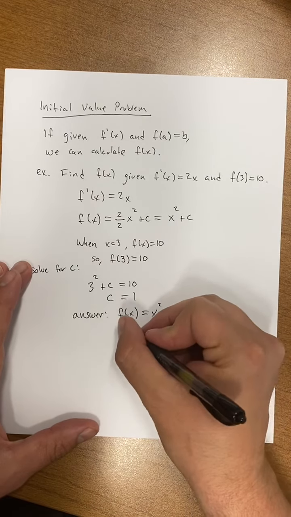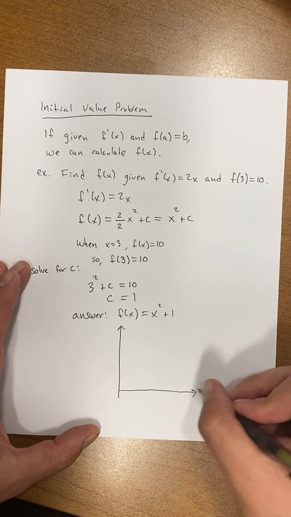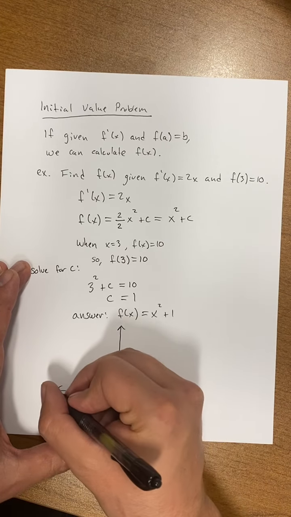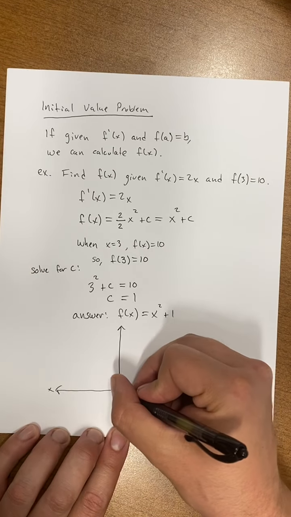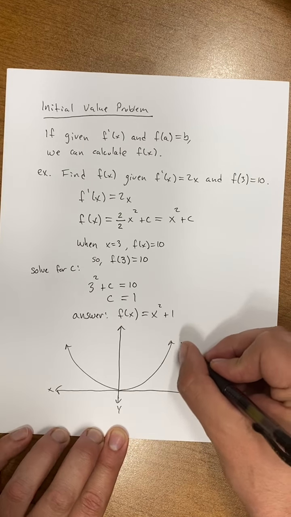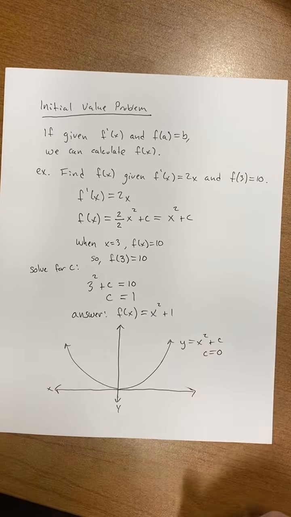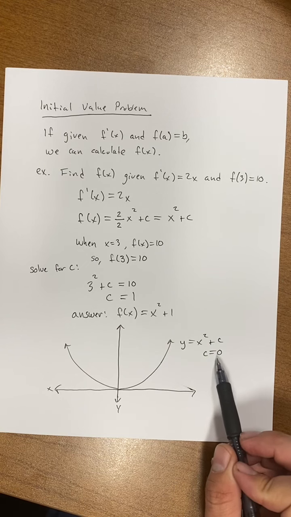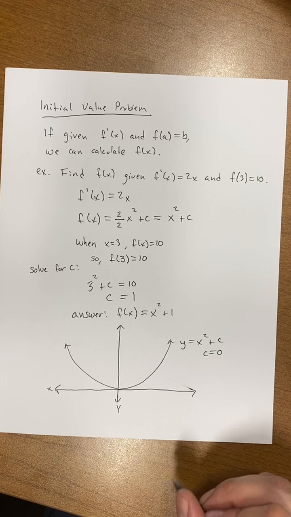Now, let's consider the graph of x squared. We've answered the question. I'm not going to ask you to graph the function here, but just for the sake of learning, this is y equals x squared plus a constant for c equals 0, so a parabola at 0, 0.